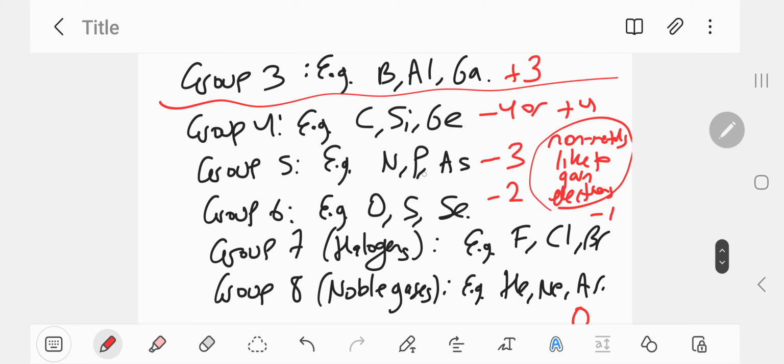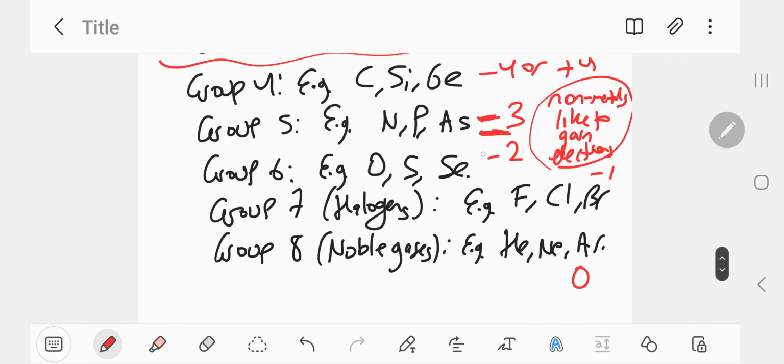For nitrogen, phosphorus, etc., they would like to gain 3 electrons. That's where the minus sign comes in, because they're becoming more negative. Group 6, they want to gain 2 electrons.